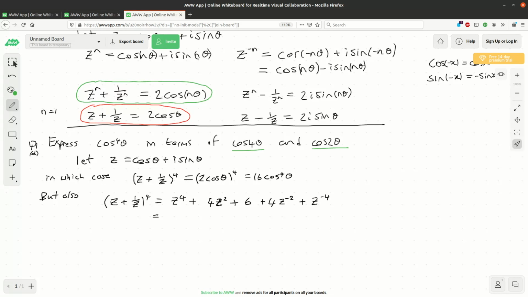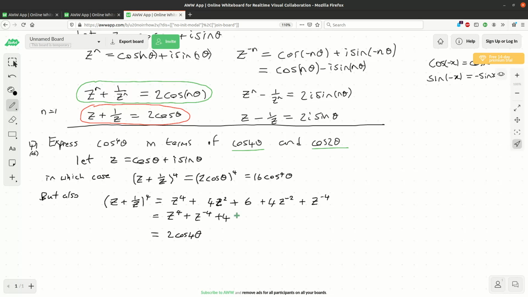Normally I wouldn't do this line of working because these questions can end up very long. The more you do them, the quicker you'll get. I'm going to do two lines in one go: z to the 4 plus z to the minus 4 is 2 cos 4 theta. Then 4 times z squared plus z to the minus 2.